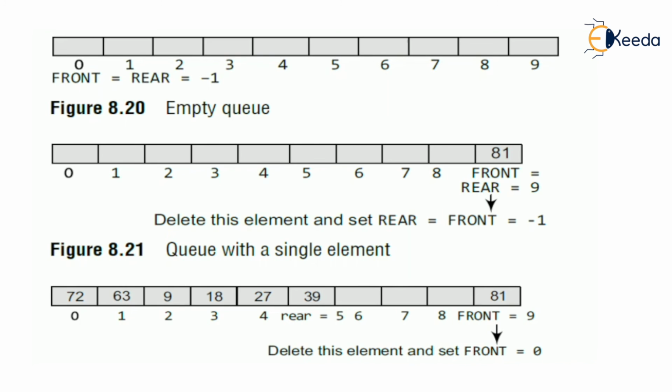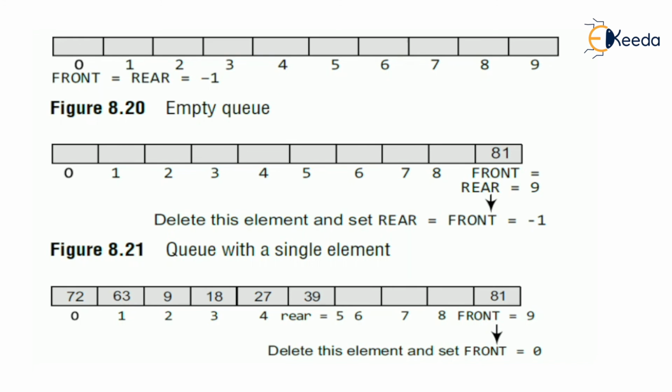In the second condition, the queue is not completely empty because front is equal to rear is equal to some value. At the 9th location, there is a value present, and that value is 81. Apart from it, all the locations are free, so we can use that space.